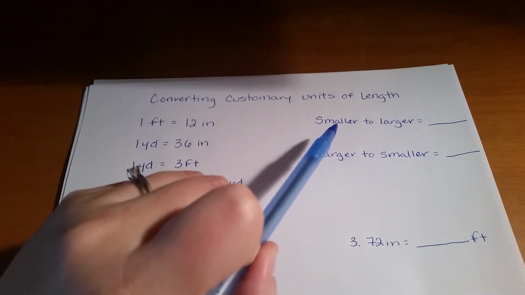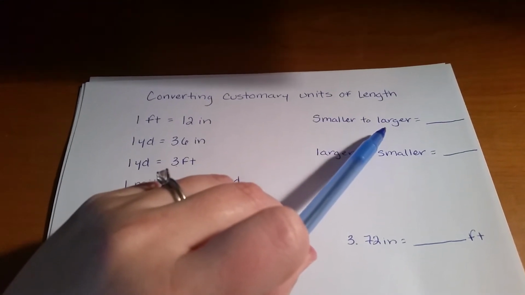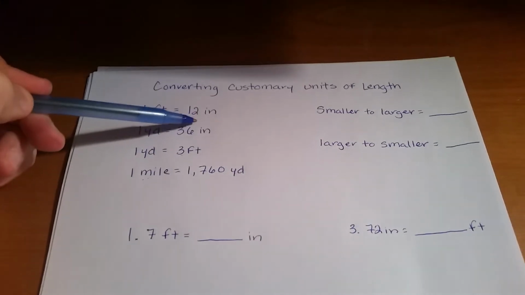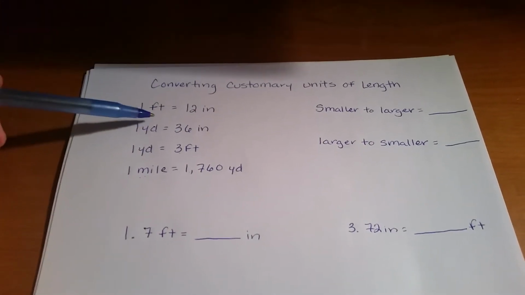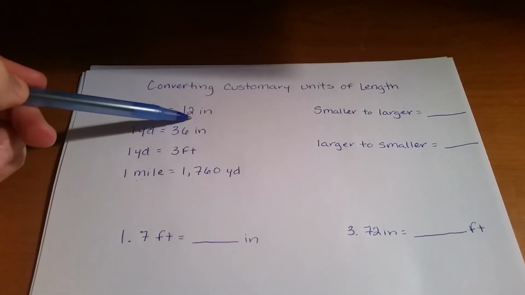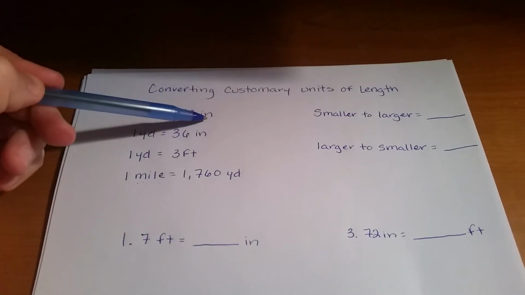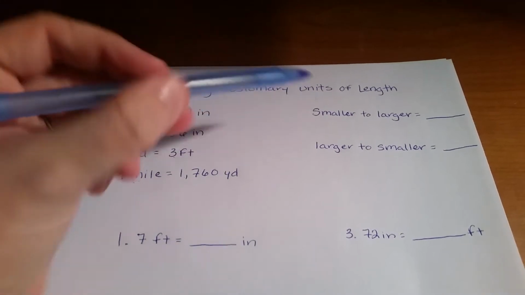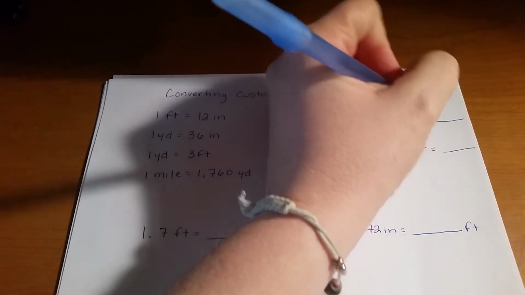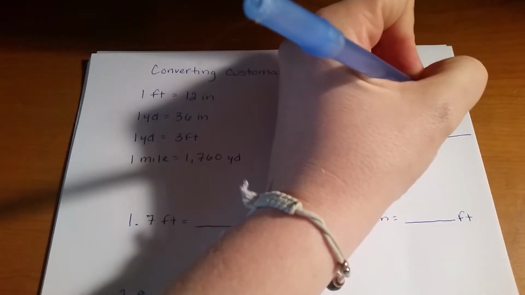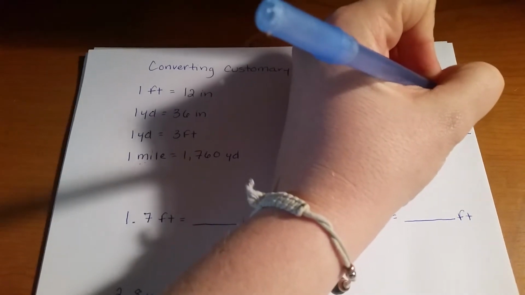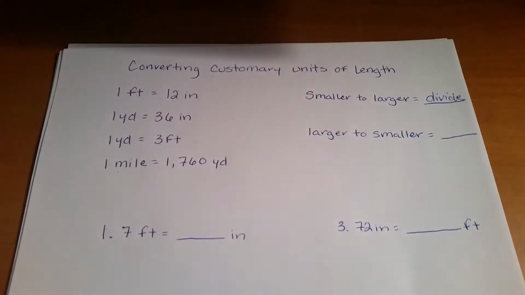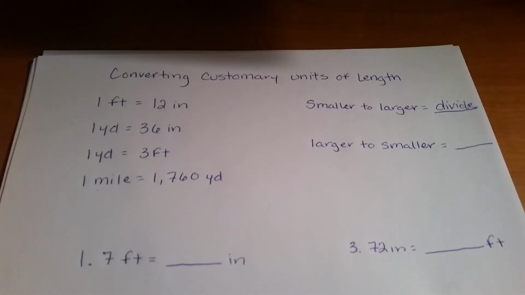When I'm going from a smaller unit of measurement to a larger unit of measurement, I'm thinking about, let's say, 12 inches to feet. If I'm going from 12 to 1, I'm going from a lot of something to not a lot of something. So I'm going to be actually dividing. So I would divide when I go from smaller to larger.